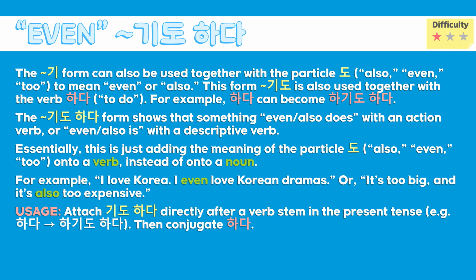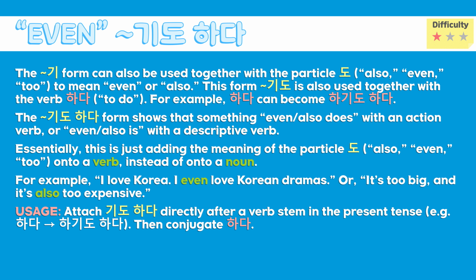The 기 form can also be used together with the particle 도, meaning also or even. This form 기도 is also used together with the verb 하다, meaning to do. For example, 하다 can become 하기도 하다.